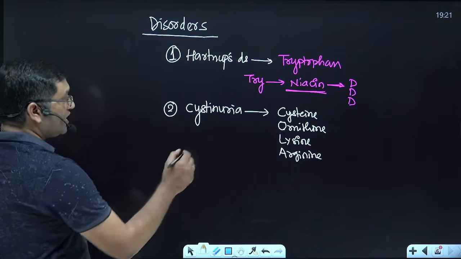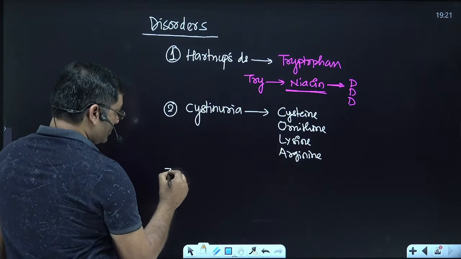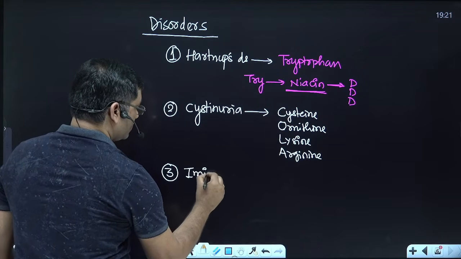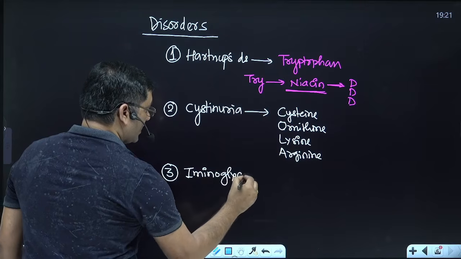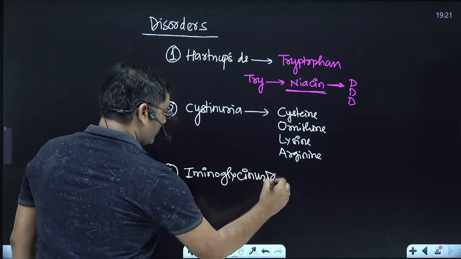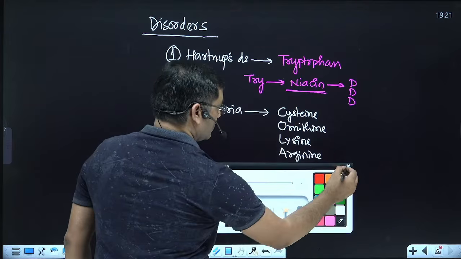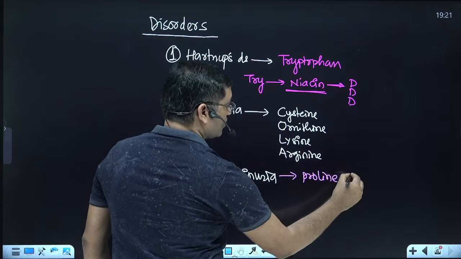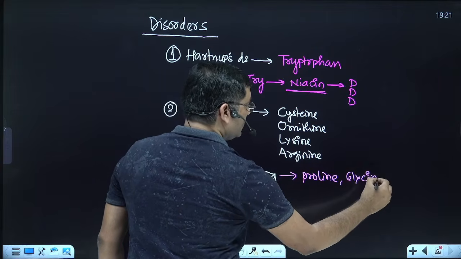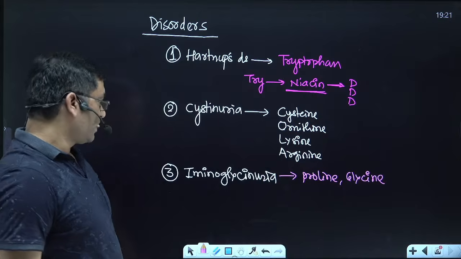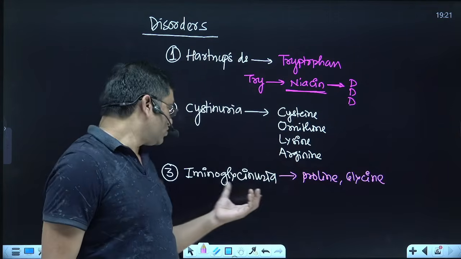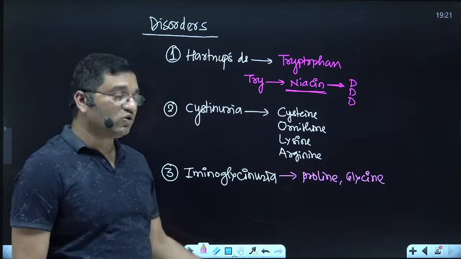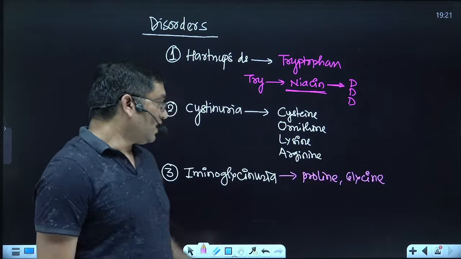The third one is iminoglycinuria. In this defect, there is excretion of the amino acid proline and excretion of glycine because of a defective transporter. So iminoglycinuria means proline and glycine excretion because of defective absorption of proline and glycine.